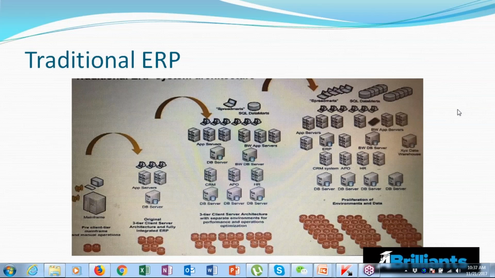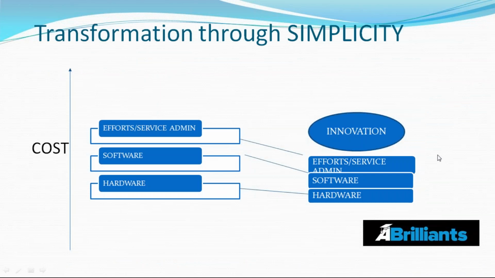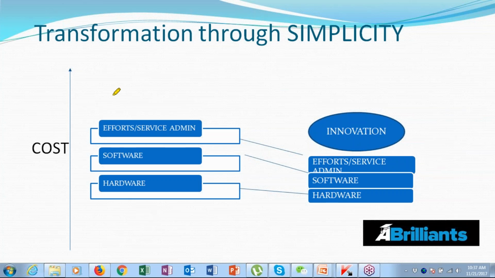Without much ado, we'll move to our next slide. Our next slide gives us the transformation through simplicity which HANA brings in the market. Yes, HANA is a revolution, but how simplified is it? Looking at this table, you can have a better clue on what the simplicity is and how it is being transformed.